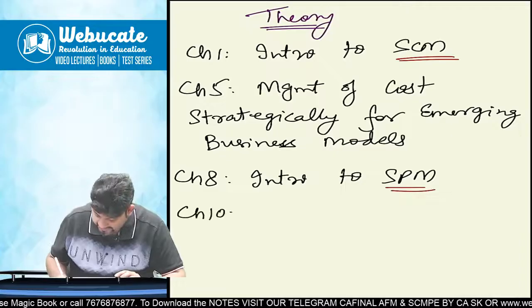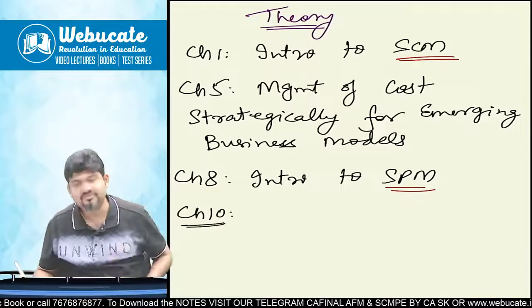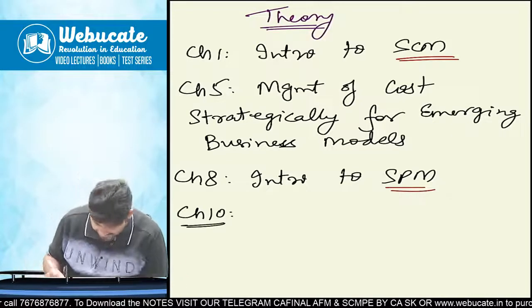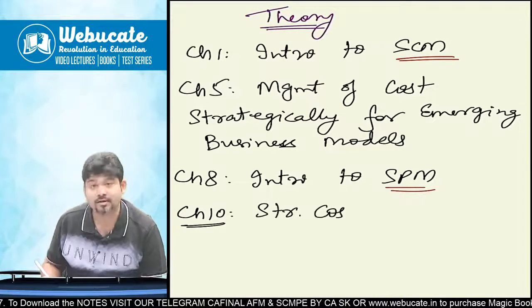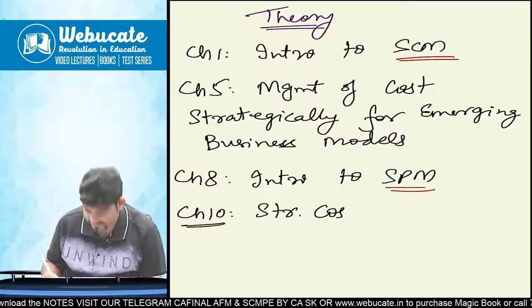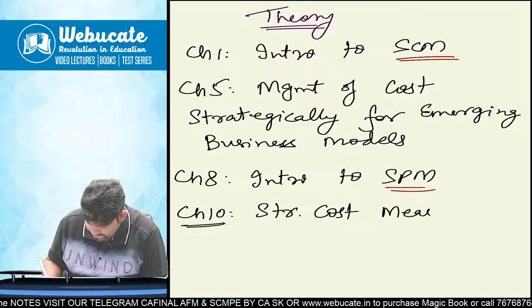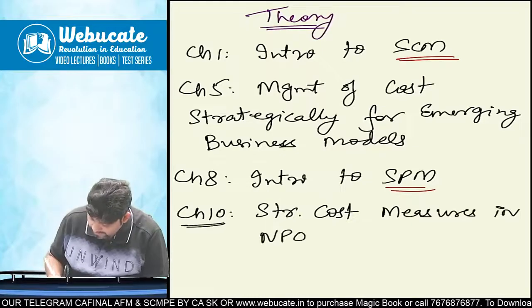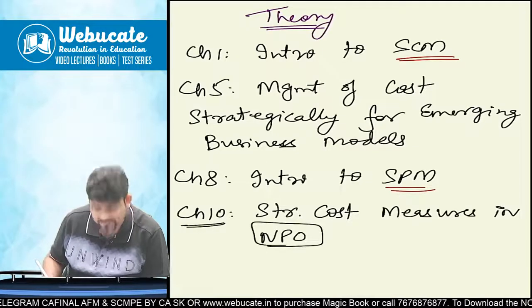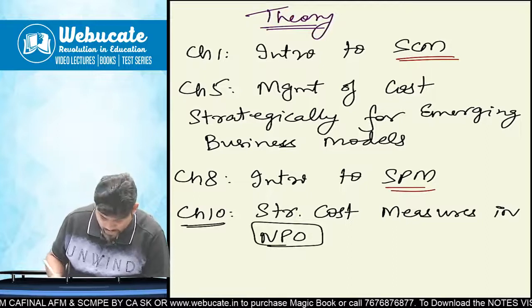Then we have chapter 10, and finally we will have chapter 11. Chapter 10 will be strategic cost measures in non-profit organizations. So strategic cost measures in NPO. What is NPO? Non-profit organization. I'm sure you would know this.